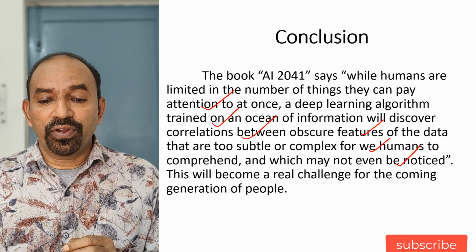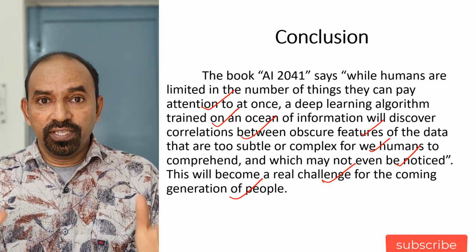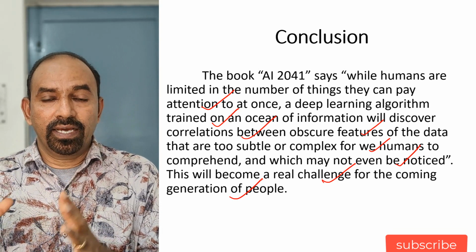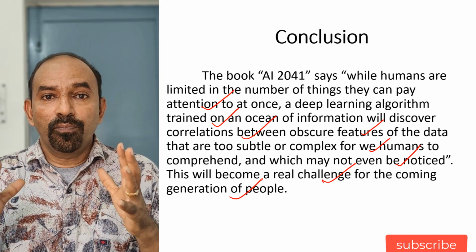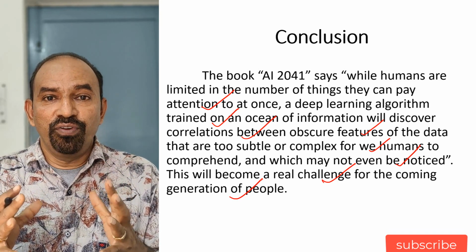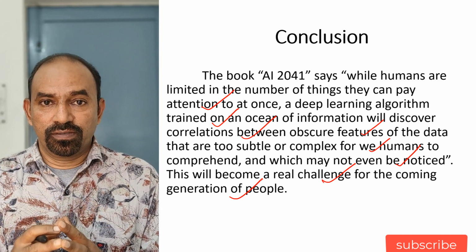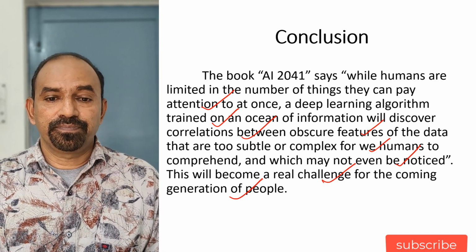This will become a real challenge for the coming generation of people. With the support of deep learning techniques in artificial intelligence, millions and millions of data can be analyzed within 0.1 million seconds. That is the advantage of this technology.